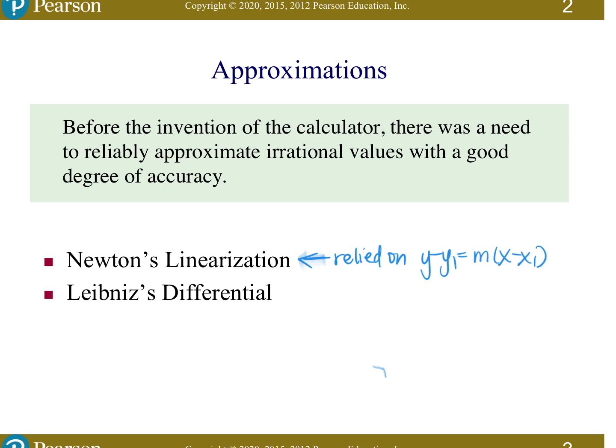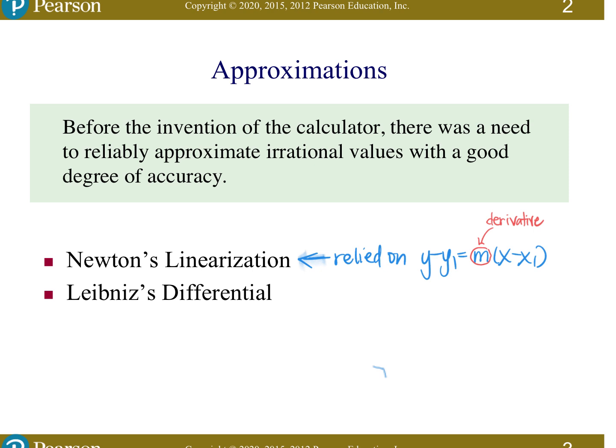Newton decided to use a linear line, but instead of m for slope, what had Newton just discovered that he could use for slope? The derivative. So Newton swapped out m for his development of a derivative, and he called that a linearization. He took a point and a slope, which is just like doing a tangent line.